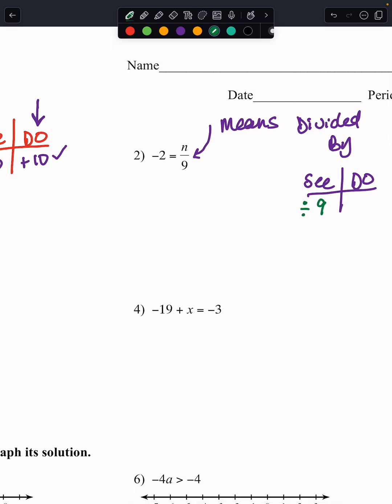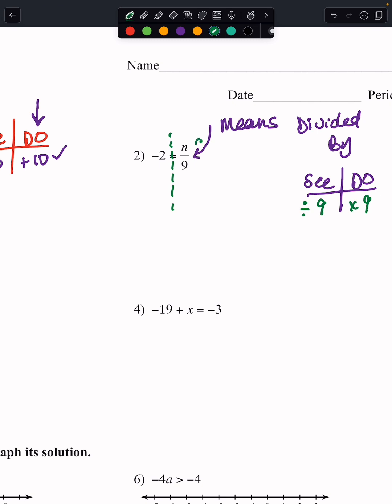And remember, almost forgot, we have to do this on the side with the variable on it. Since I see it divided by 9, that means I need to do the inverse of divided by 9, and that inverse is times 9. That means I need to multiply both sides by 9.